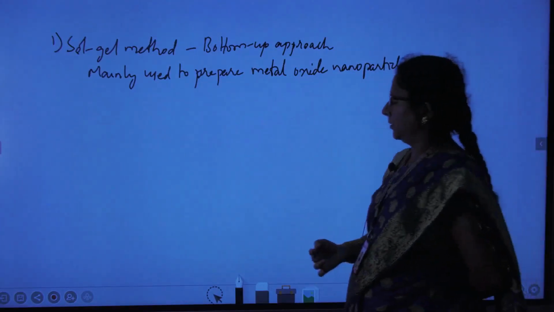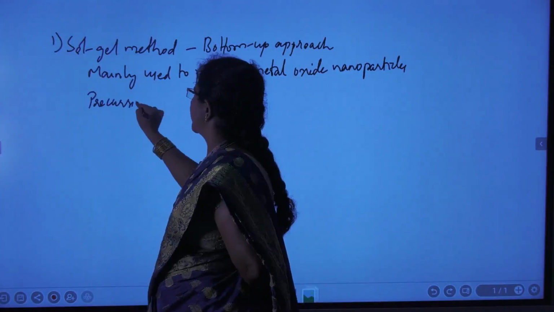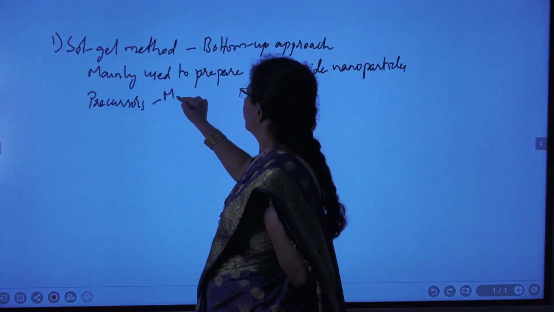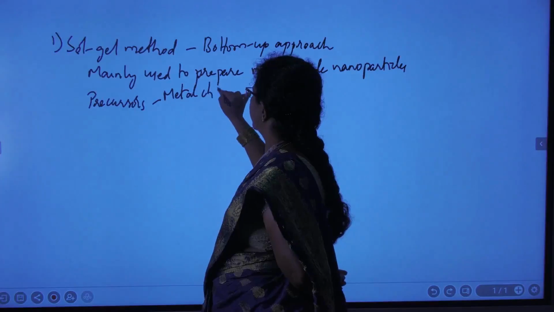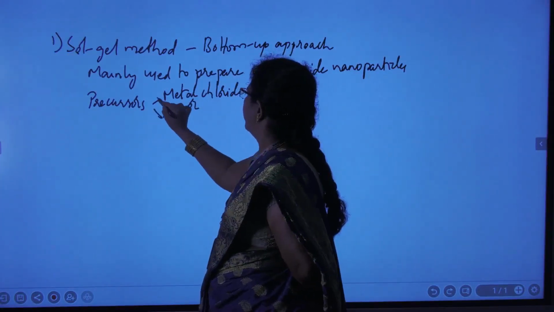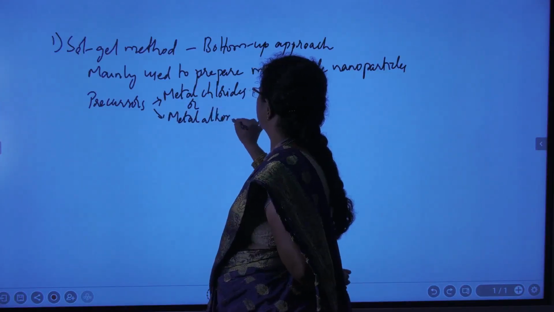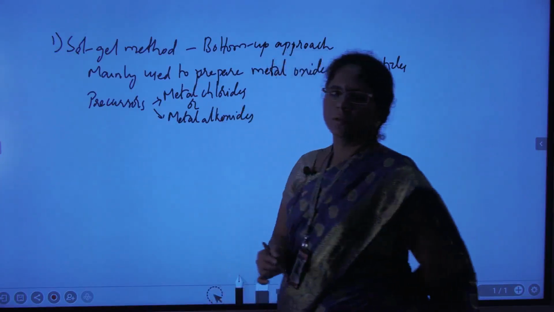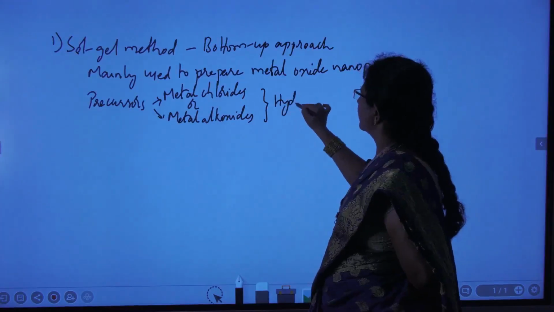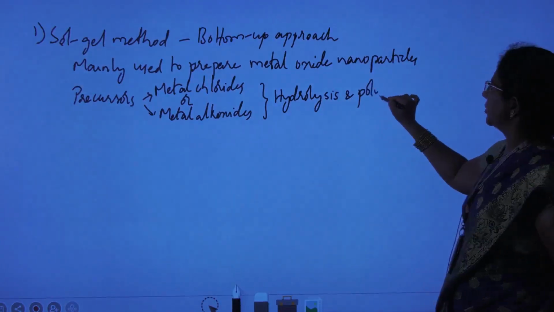In this method, the precursors, meaning starting materials, are metal chlorides or metal alkoxides. These undergo hydrolysis and polycondensation reactions.